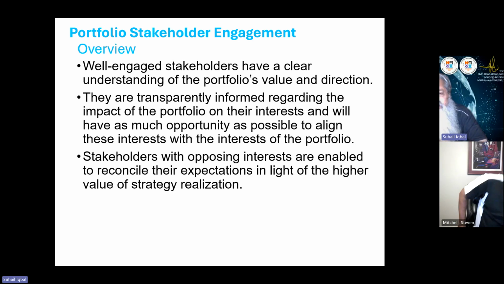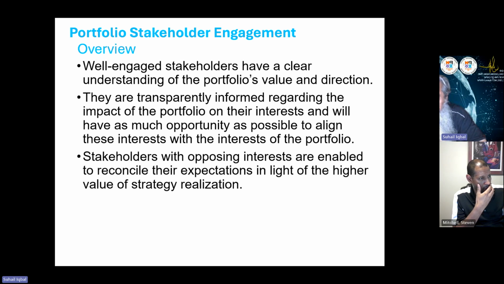Well-engaged stakeholders have a clear understanding of the portfolio value and direction. If you have brought in transparency and your stakeholders are well engaged, that really means that they do understand the value of the portfolio and the direction it is taking.